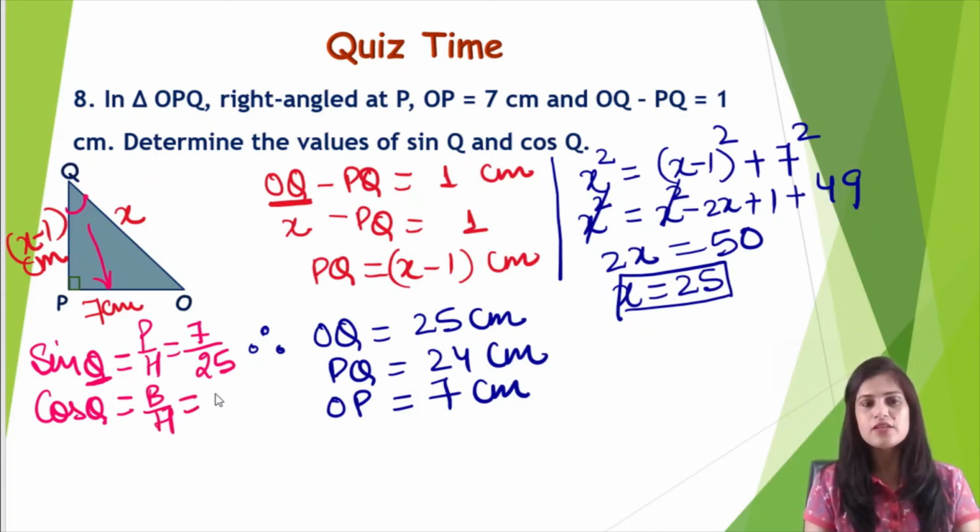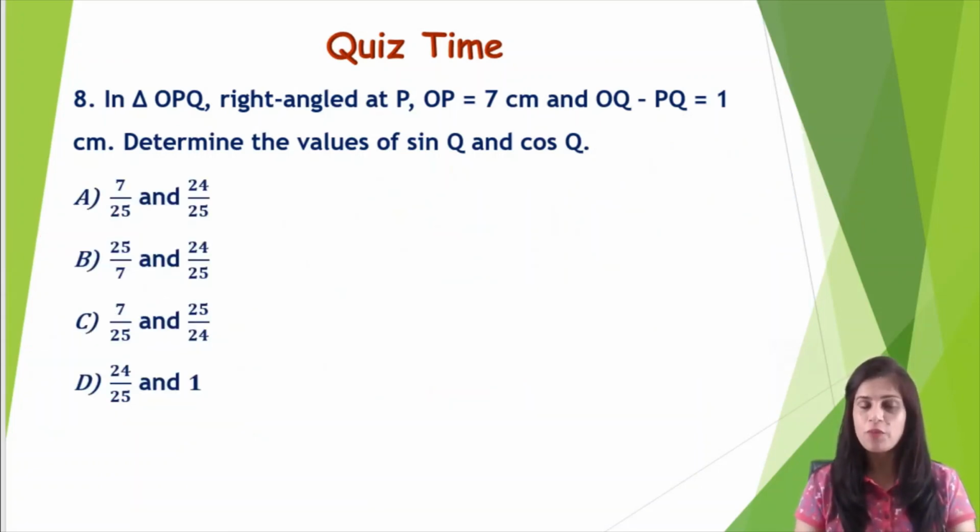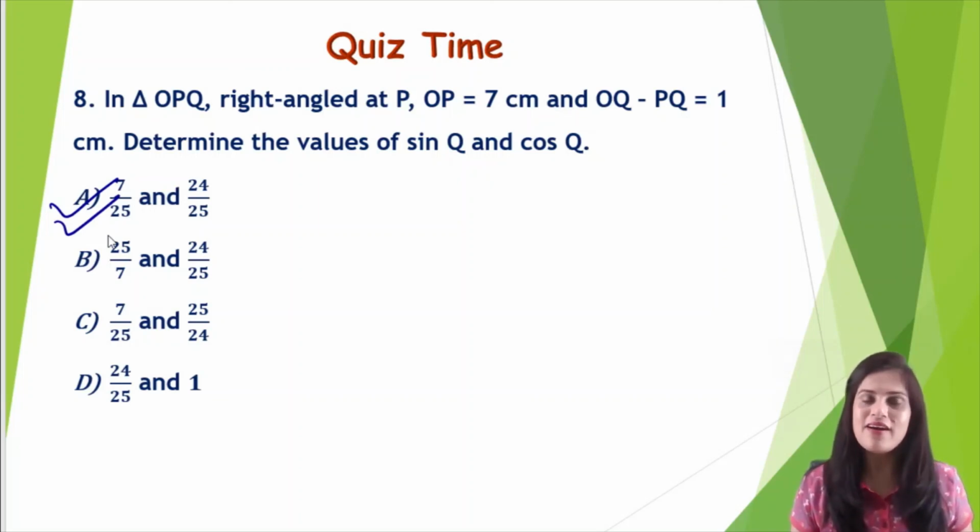And base is what? That is 24, so 24 upon 25. So here we have found the two values, sin Q as 7 by 25 and cos Q as 24 by 25. Let's check out the options and it is there in option A. So this is our answer.